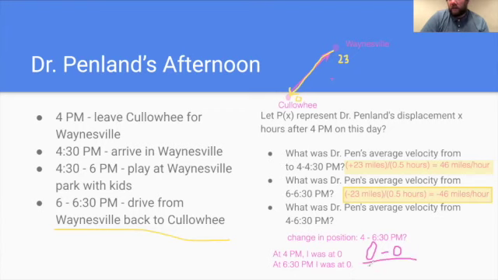And I had a change in time of 2.5 minus 0. But the ultimate answer here is 0. 0 is in the numerator. So this is equal to 0. So even though I traveled quite a bit, my average velocity was still 0 miles per hour because I went as much negative as I did positive.